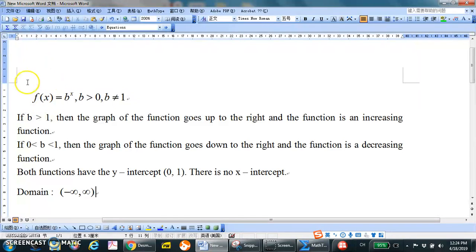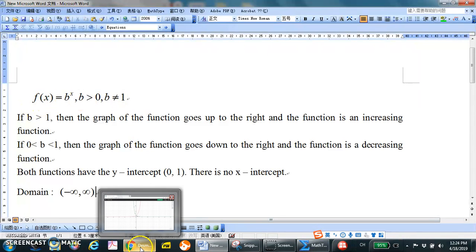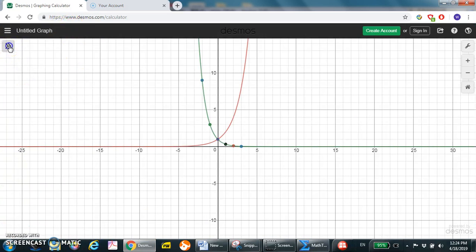So here are the properties of the graphs of exponential functions. Okay, let's take a look at some other examples.